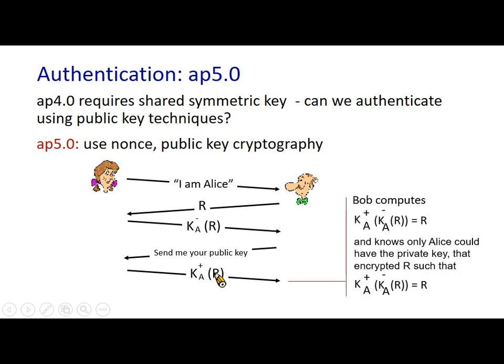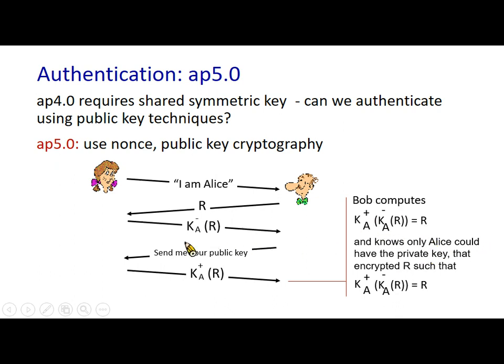So Bob computes the private key and public key together from Alice, and knows that only Alice should have this private key, right?